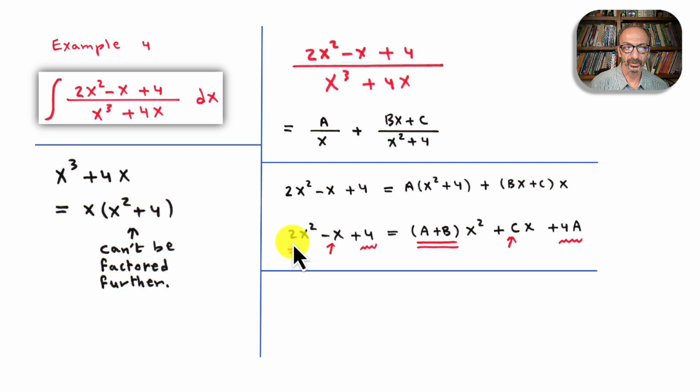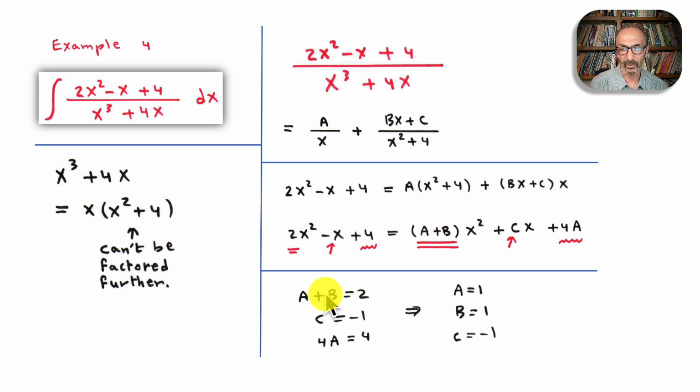So we compare 2 to this right here. We compare the minus 1 to c, and we compare the 4 to 4a. With that, I have a plus b equals 2, c equals minus 1, which is done, and 4a equals 4. Of course, that means a is 1. So a is 1, c is already negative 1, and when a is 1, b has to be also 1.